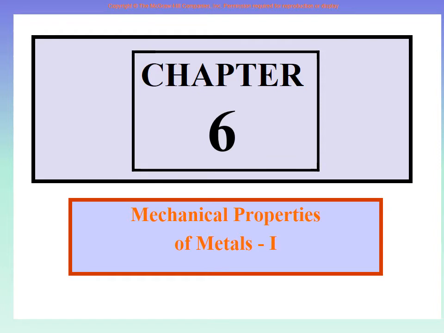This is one thing. The second is, your obvious question should be that after chapter 1, why are we jumping to chapter 6? Chapter 2 is about atomic structure and similar things, because all material properties and all material structure is based on atomic structure and molecular structure and so on.